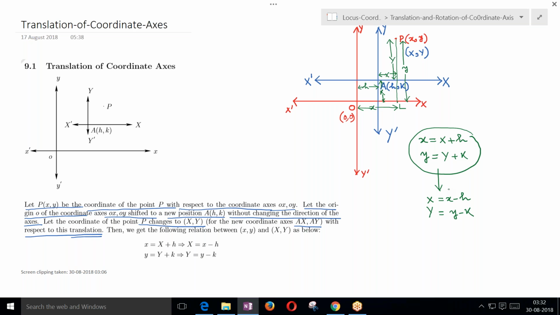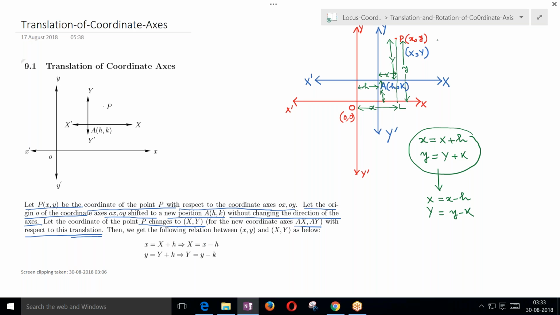So that means if we have a coordinate (x, y) with respect to a coordinate system, and we move that coordinate system to another point, (capital X, capital Y), and due to this translation, what is the translation we made? We made a translation of the origin to the new origin, whose coordinate is (h, k).